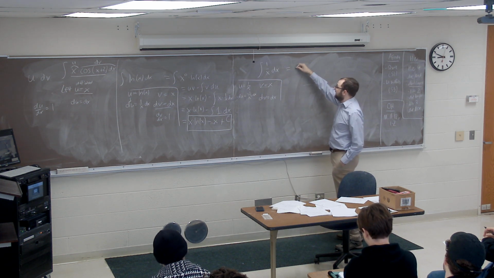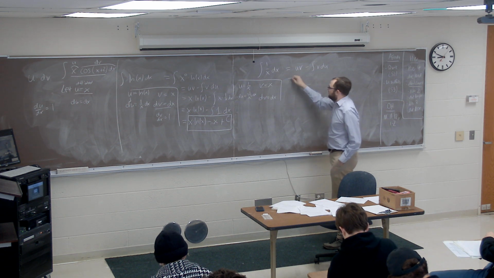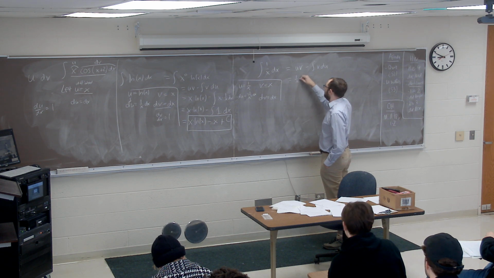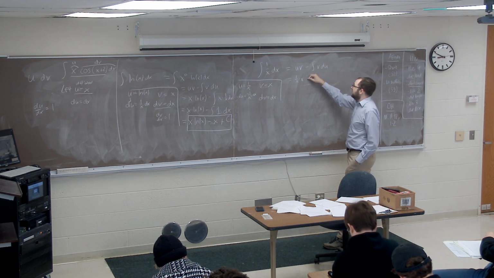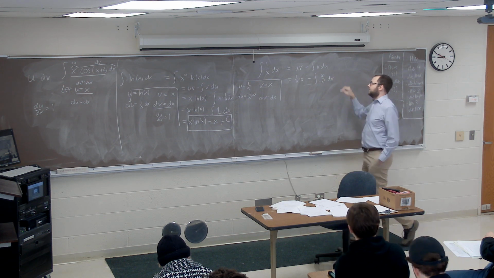And if we write this then as uv minus integral of v du, we'll get uv is 1 over x times x, minus the integral of v du. That's x over negative x squared dx.